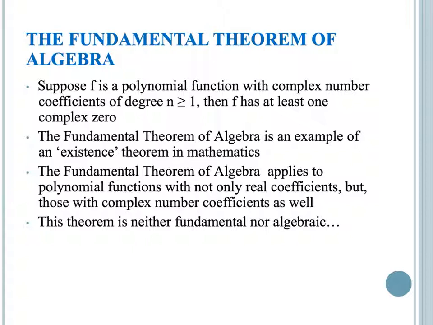And we need to use much higher level mathematics to prove this theorem. It took hundreds of years for the proof to be completely developed, so that's why we say it's neither fundamental nor algebraic, but it will help us find some of those complex zeros like we found in the last one where we used the quadratic formula to get our last couple zeros.